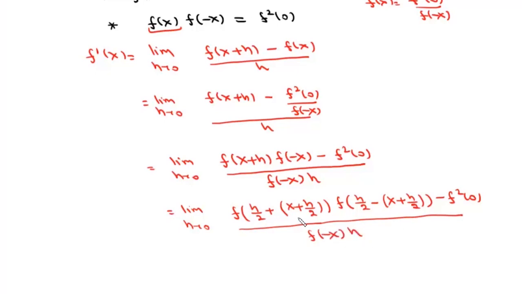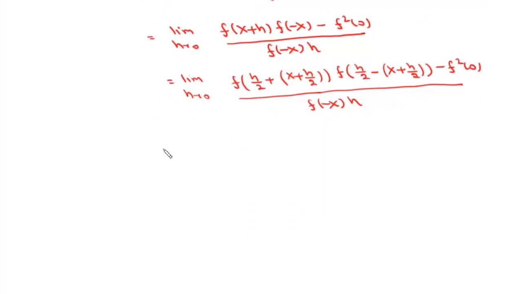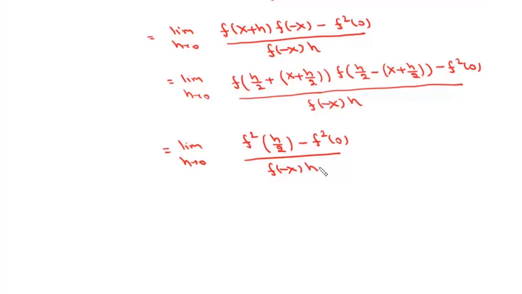Now this is f(x plus y) into f(x minus y), and we know that it is equal to f square x. So it will be this limit h tends to 0 of f square h by 2 minus f square 0 upon f(minus x) into h.